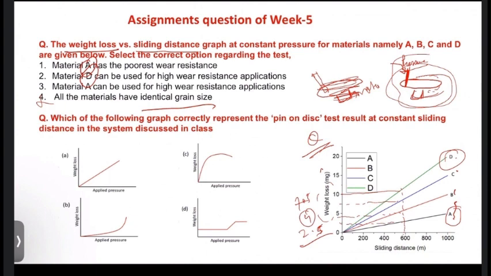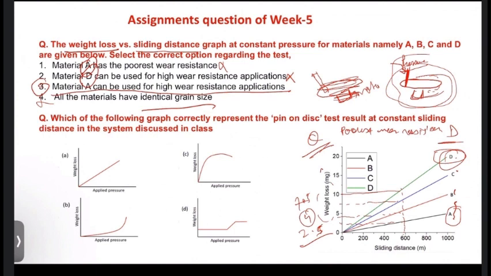That is why it has the poorest wear resistance, sample D. So this option is incorrect. This option is also incorrect. And we remain with option 3: Material A can be used for high wear resistance application.